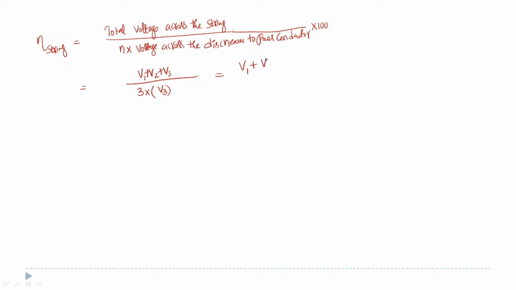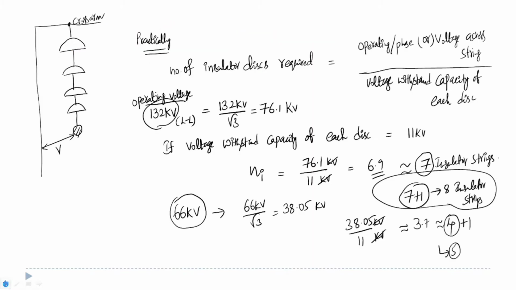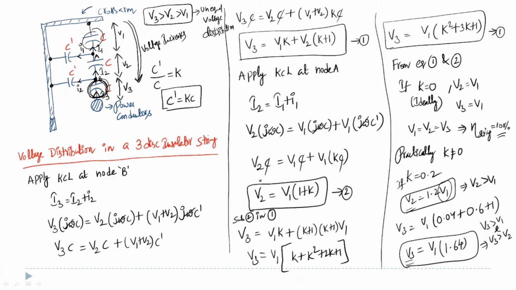I can write V2 as V1 into 1 plus K, as we have derived in the previous session. Similarly, V3 is equal to V1 into K square plus 3K plus 1.